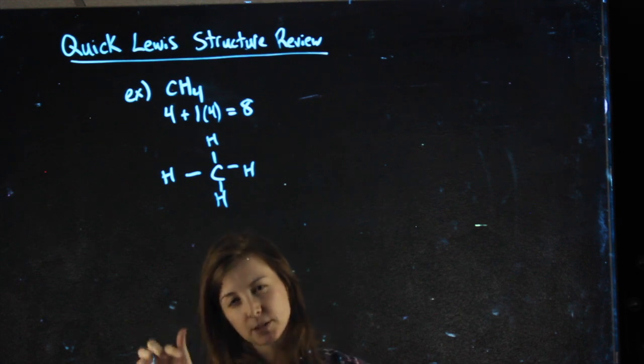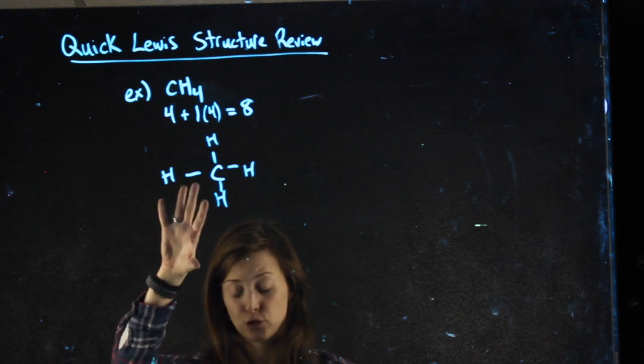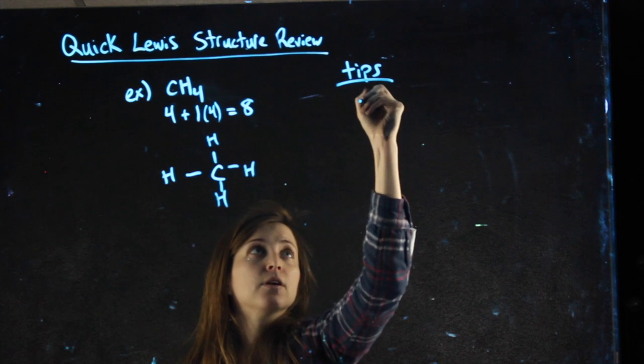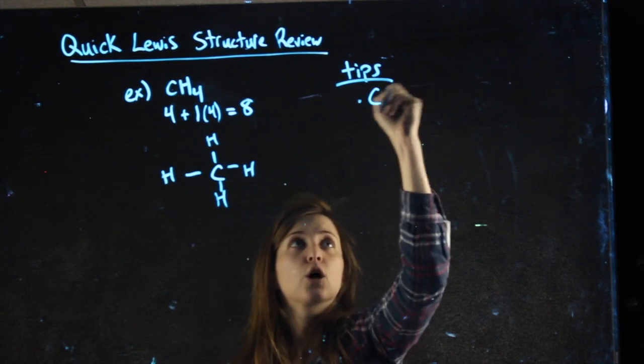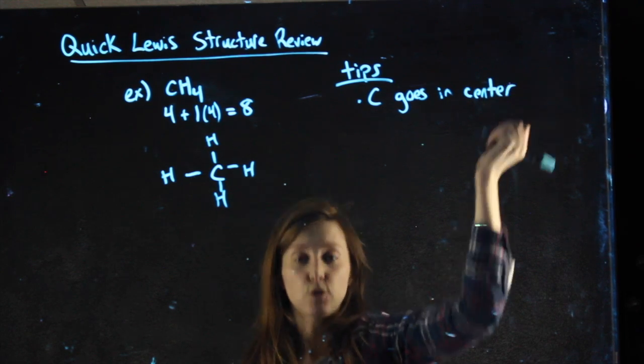So teaching you a couple tips and tricks that will help without you having to remaster this whole process. Tips. So as we said here, carbon goes in the center if you have a carbon.